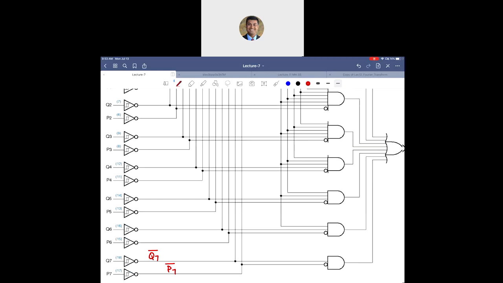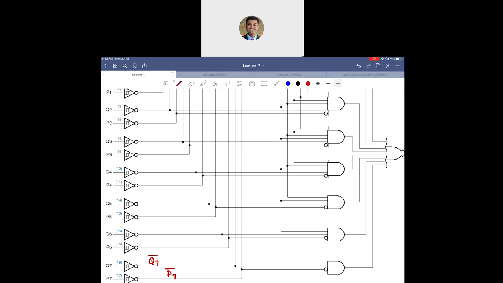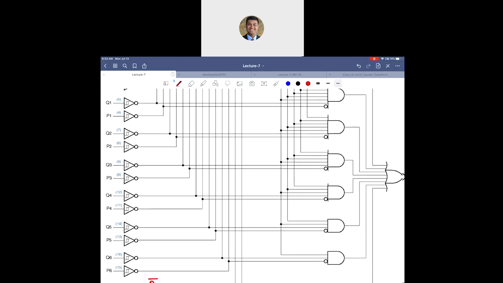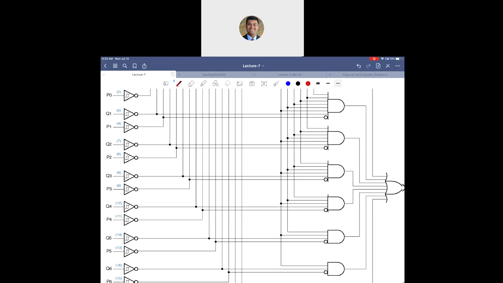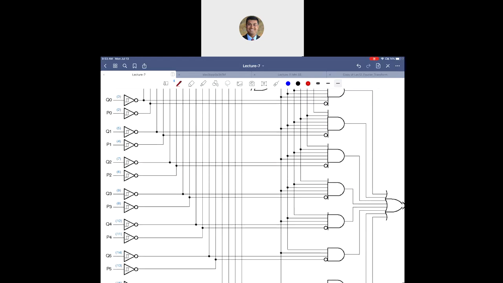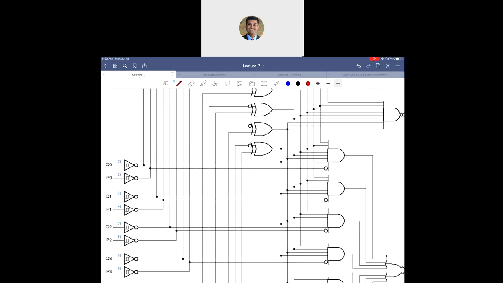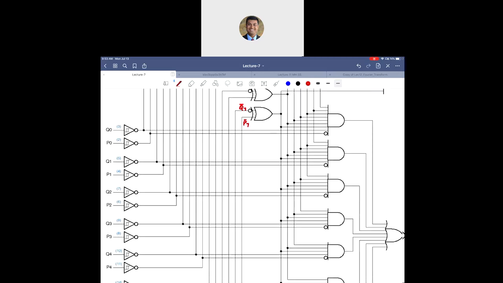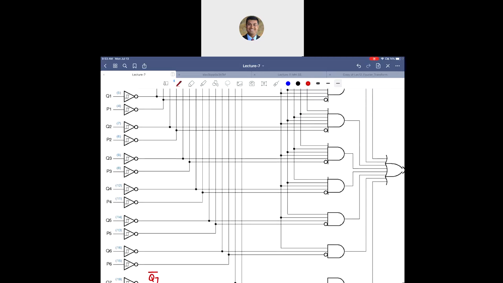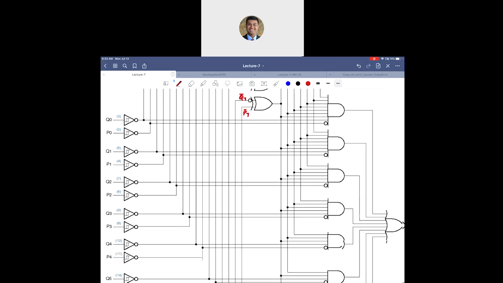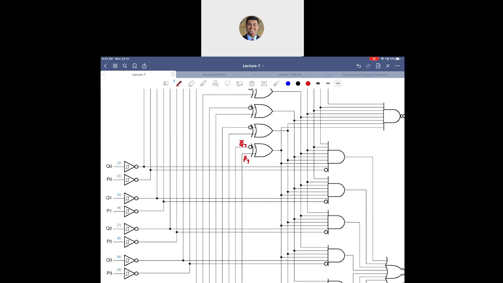All right, so Q7 complement and P7 complement, right? And now if you track those up, you will see that you have P7 complement there and Q7 complement there. So what are you really checking for?